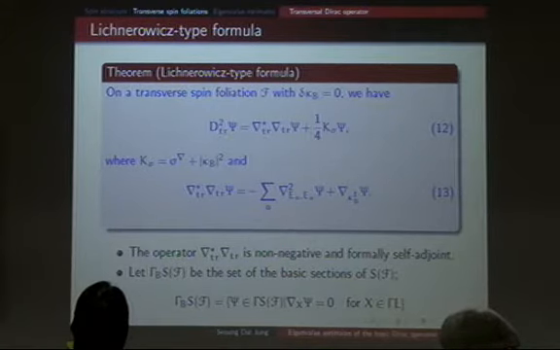So for simplicity, he considered this condition. Afterward, some geometers proved there exists a bundle-like metric satisfying this equation. Here, this is a second application type, and kappa sigma is the scalar curvature of the quotient manifold, and kappa_B is the mean curvature.